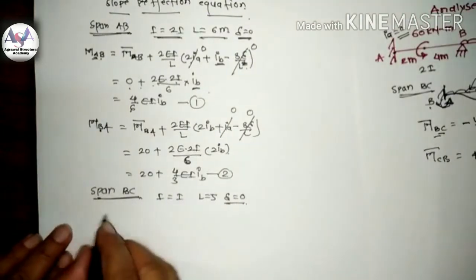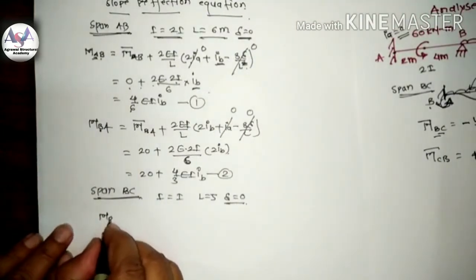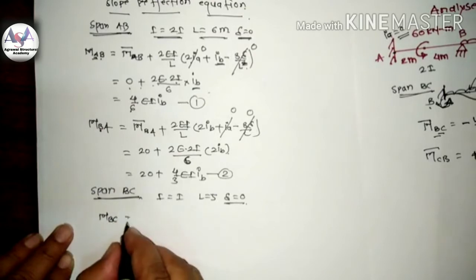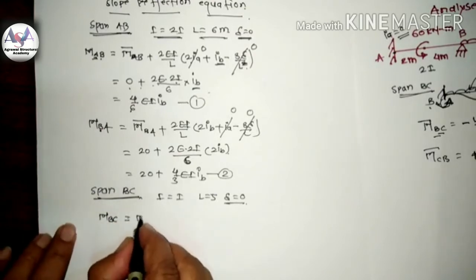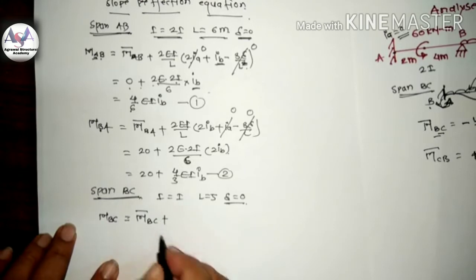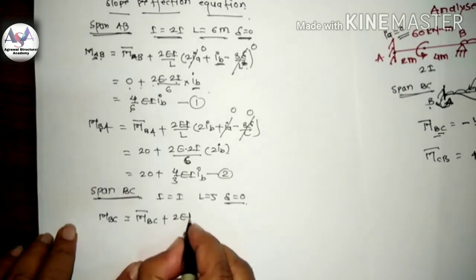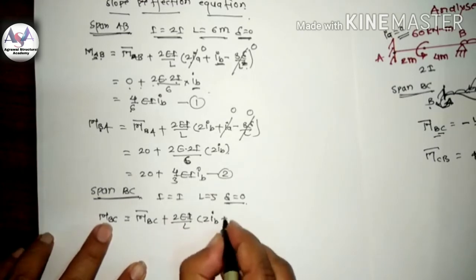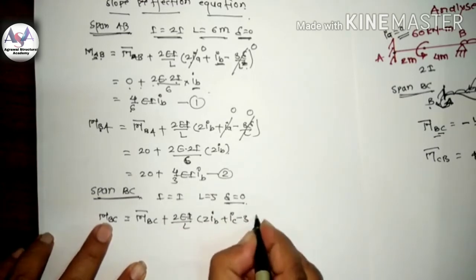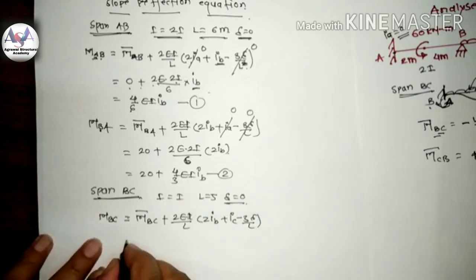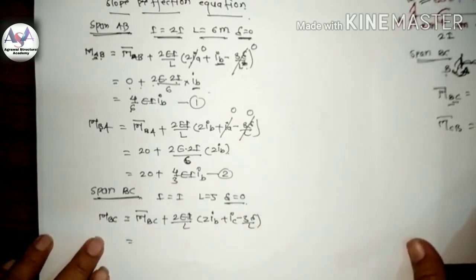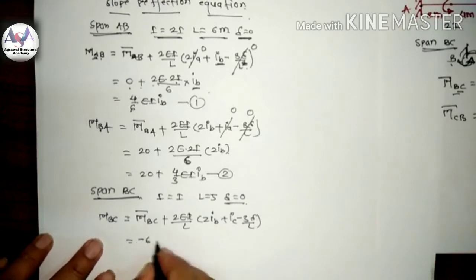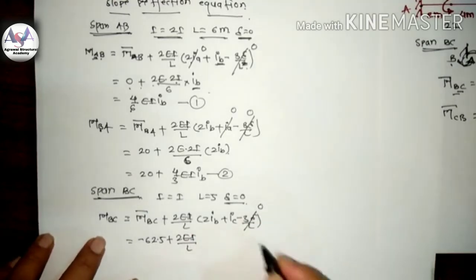So here write M BC is equal to M bar BC plus twice EI by L, B starting point, so twice theta B plus theta C. If you put the value, M bar BC is minus 62.5, and here only delta equals 0.